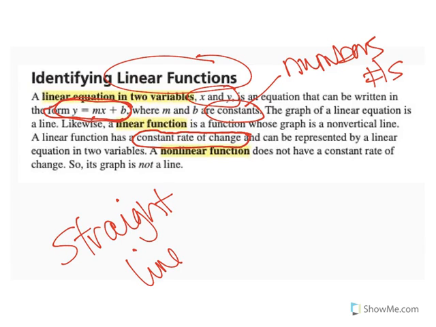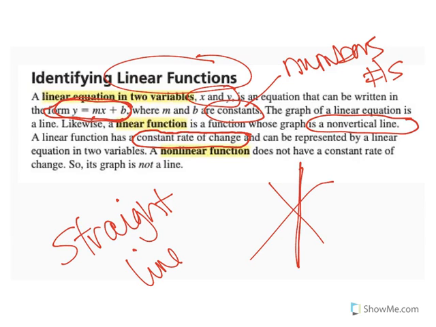That means that it's going to go up or down the same amount every time. I forgot to point this out. It's a non-vertical line. So it's a straight line so it's linear as long as it's a straight line that doesn't go straight up and down. Can't do that. Okay? Now, a nonlinear function doesn't have a constant rate of change.